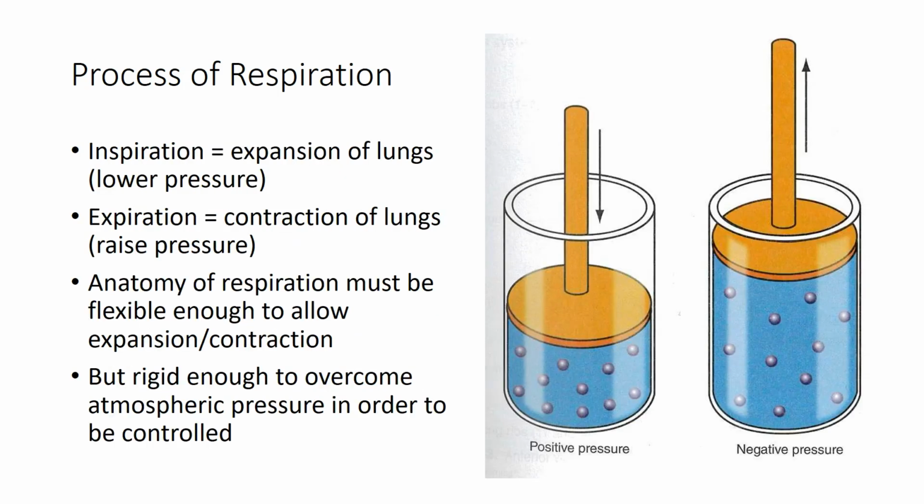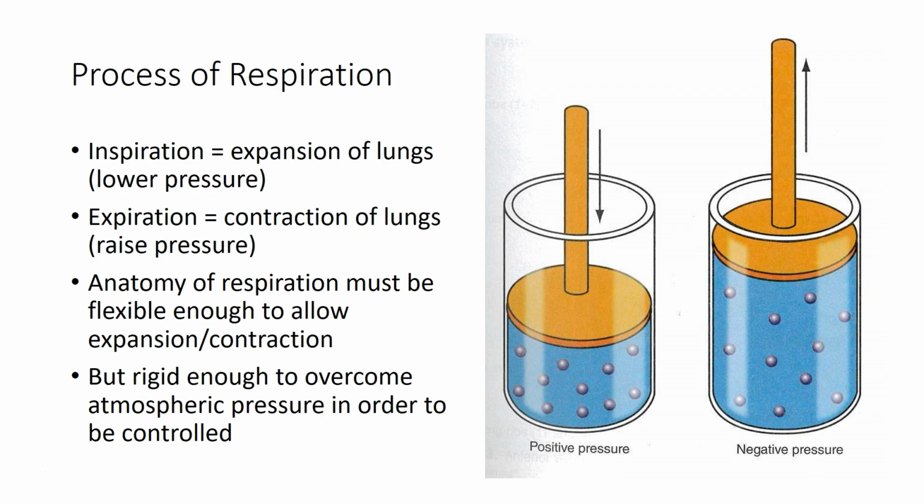Since inspiration and expiration involve moving air between the lungs and the outside world, the way we think about this is in terms of pressure relative to the outside world. So in this image, they have two labels: positive pressure on the left for the smaller constricted jar because of the plunger, and negative pressure on the right for the larger, less constricted jar because of the plunger.